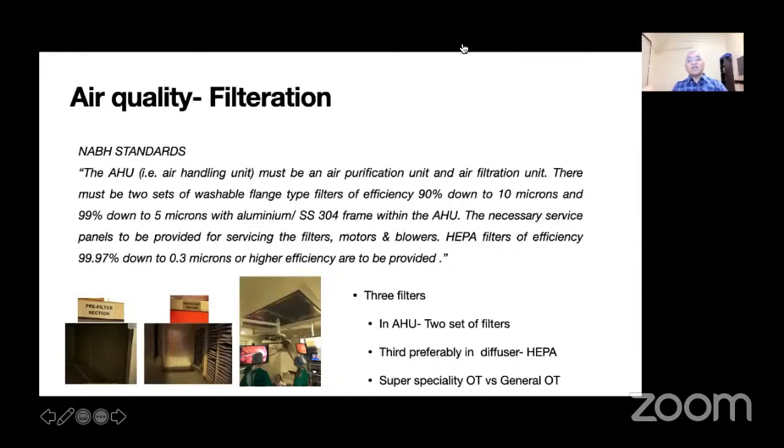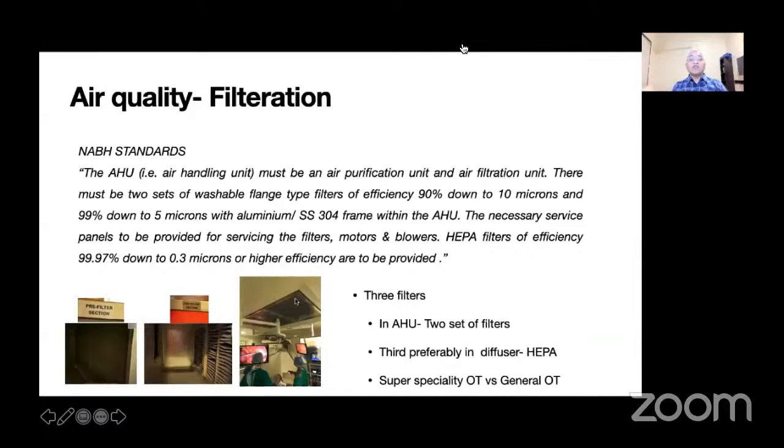And then HEPA filters of efficiency 99.97% down to 0.3 micron or smaller have to be provided in the air handling unit. So the air handling unit should preferably have two sets of filters with efficiency down to 5 micron. The third filter should preferably be in the diffuser, which is in the operation room.